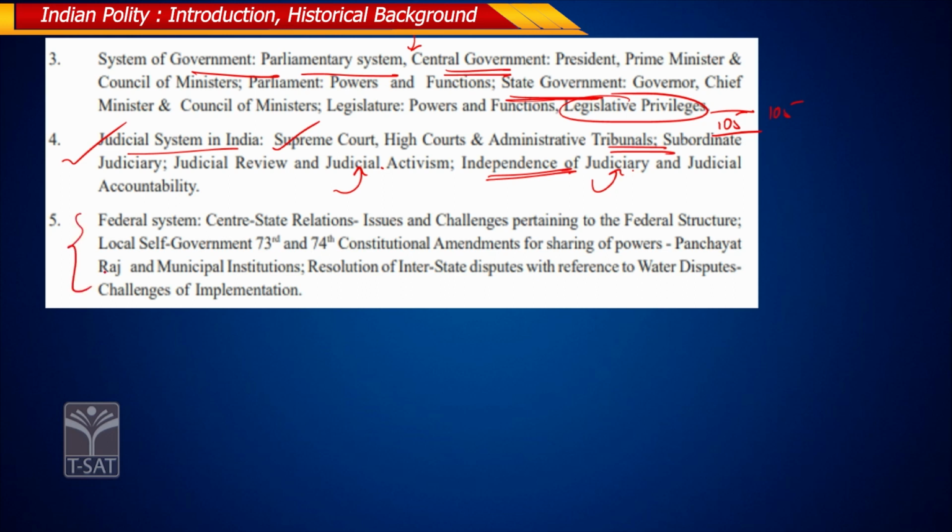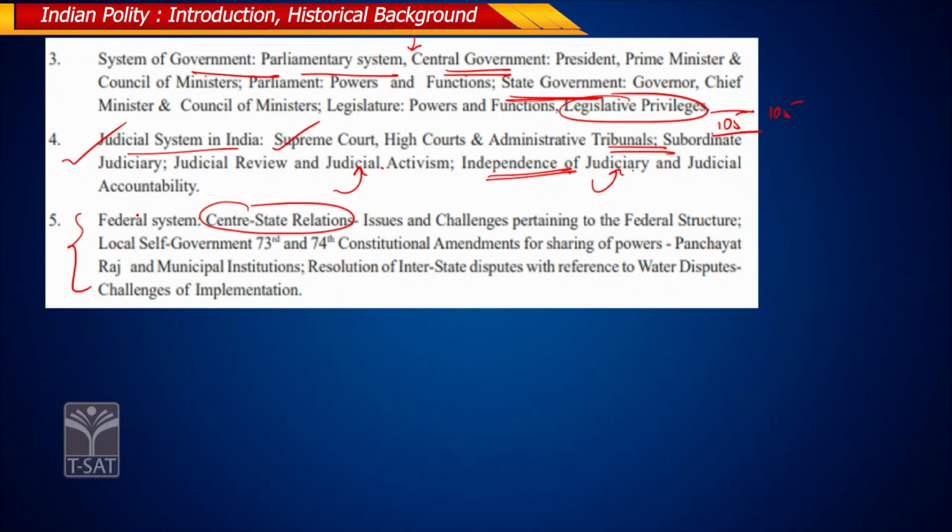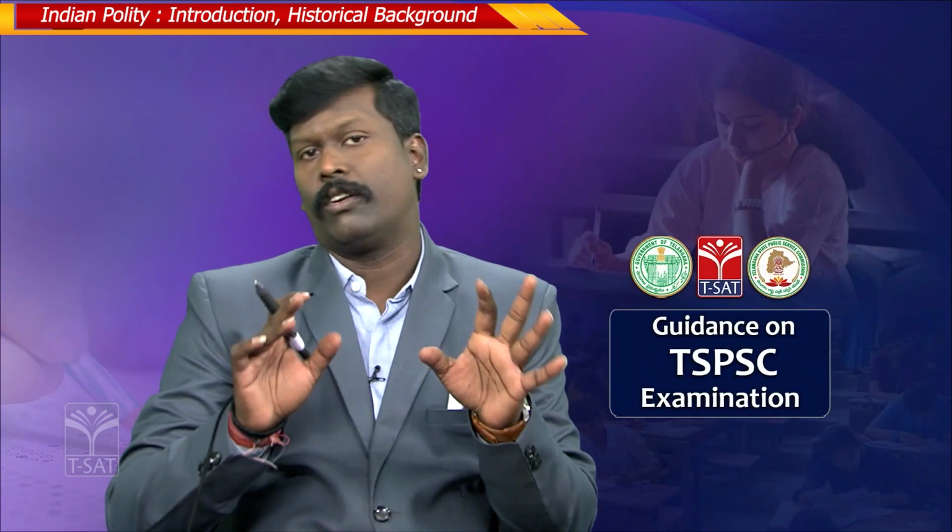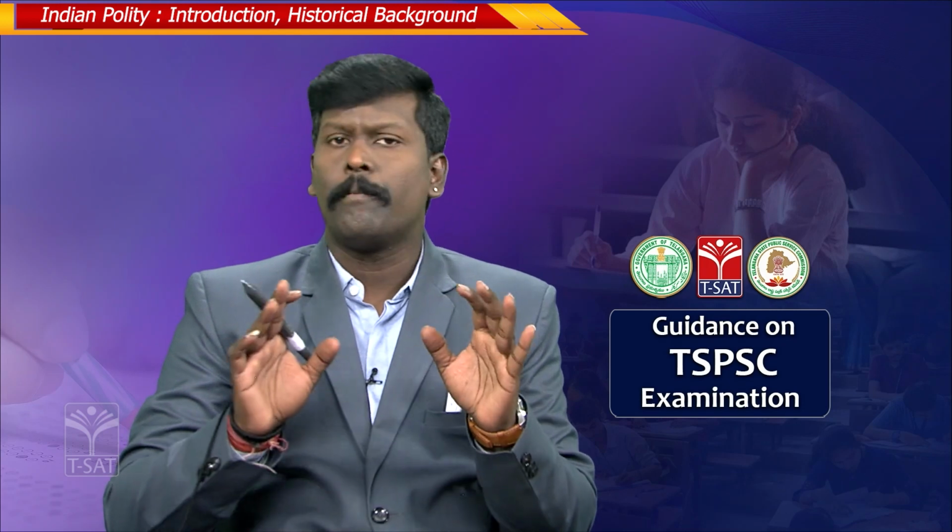And very important, and you can expect a question from here, that is your Centre-State relations, 73rd, 74th Amendment Acts, that is your Panchayati Raj institutions and municipalities, as well as water disputes, resolutions, etc. So, these topics we will be covering in these sessions of Indian polity and constitution for Group 1 prelims.